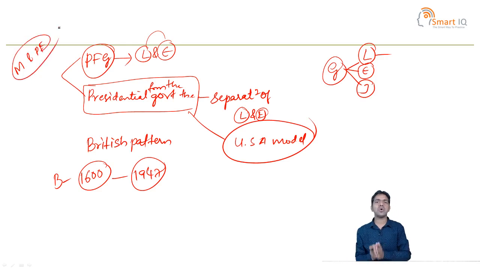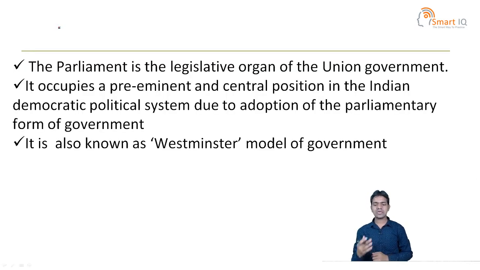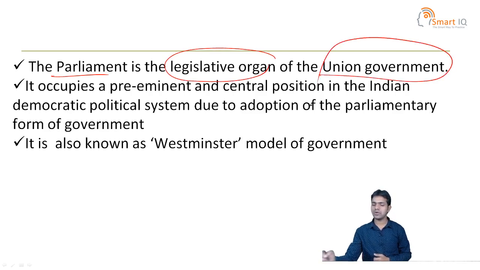This is a very important and very big chapter in the Indian Constitution, or Indian polity: the parliamentary system of government. What is Parliament all about? Parliament is the legislative organ of the Union government, an organ of the legislature in the Centre as well as in the states.